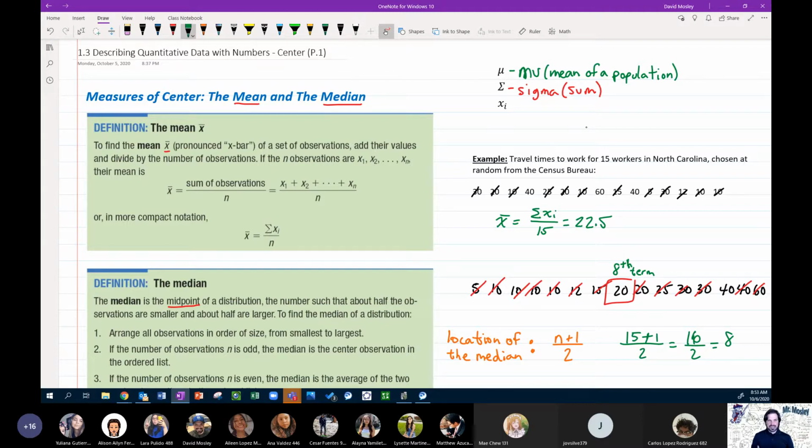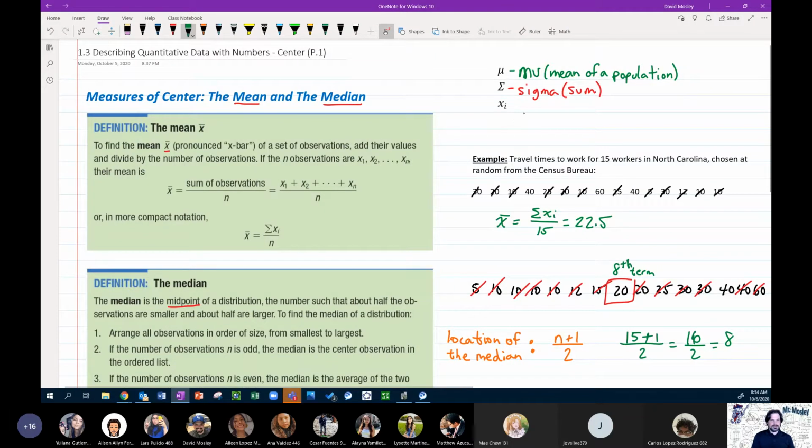X bar is the average of the sample. They're calculated the same way. It's just a notation that allows you or someone else looking at your work to know whether or not you're dealing with a sample or with a population.